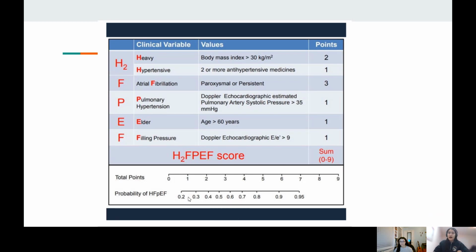So you don't have to worry about having any sort of heart failure with a preserved ejection fraction. But near the 7, 8, 9 range, you can see that the probability of HFpEF is 0.95 or 95%. So the higher your score is, the more probability you have of having heart failure with preserved ejection fraction.